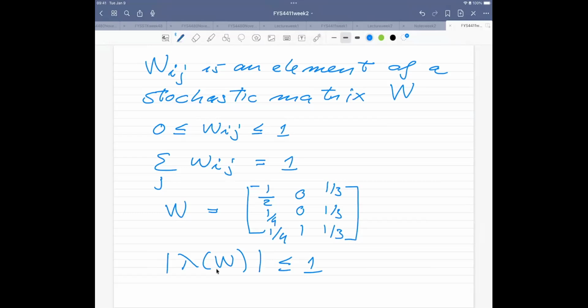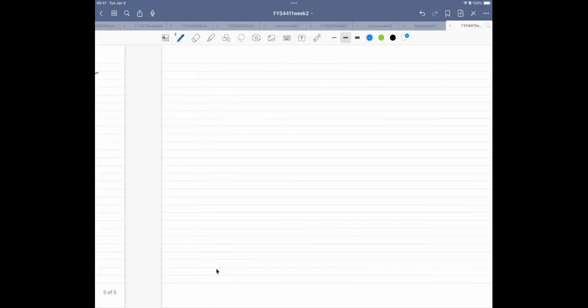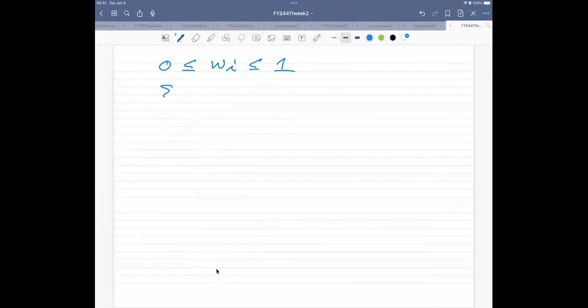Now, that was the transition probability. But then we also have the probability itself, W of i. This respects all the properties of a probability, and it's also normalized to 1.